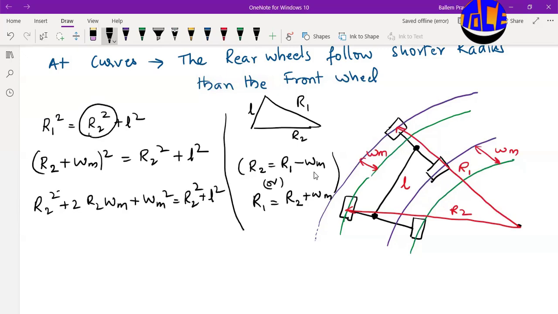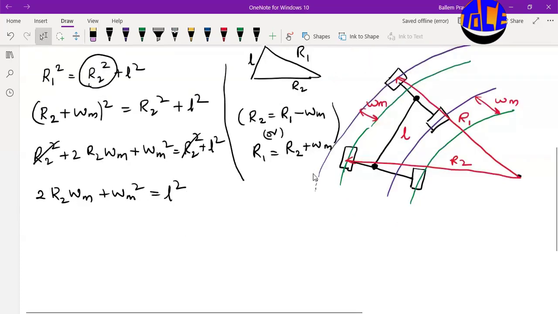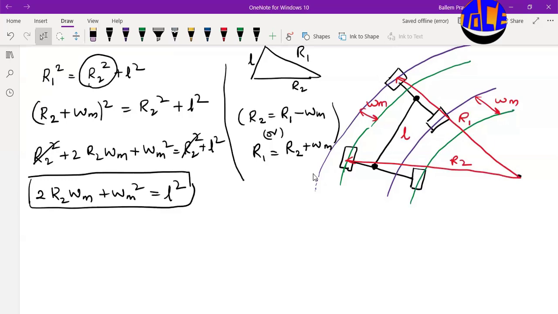We have R2 square on both sides, so let us cancel those two. You are left with 2 R2 WM plus WM square is equal to L square. This is the equation for the mechanical widening, or for the off tracking of the vehicle. This much WM you need to provide.